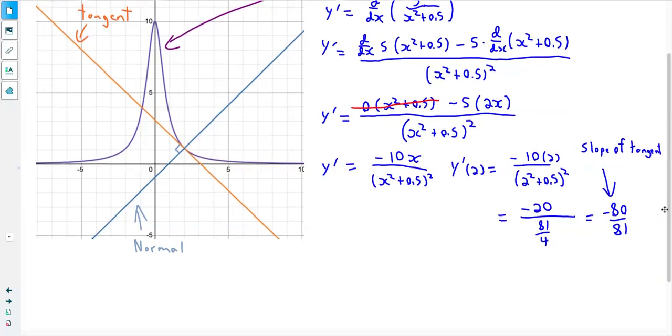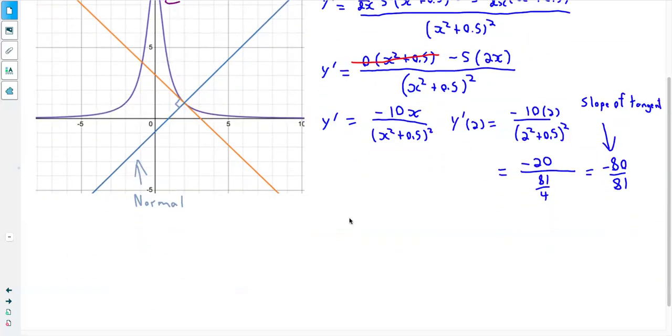Now, the slope of a normal is a negative reciprocal of that, so we can say, therefore, the slope of the normal is 81 over 80. So it's reciprocal and it's the opposite sign.